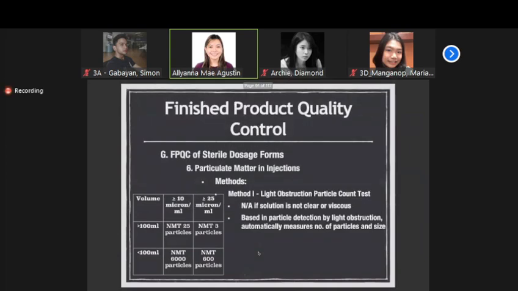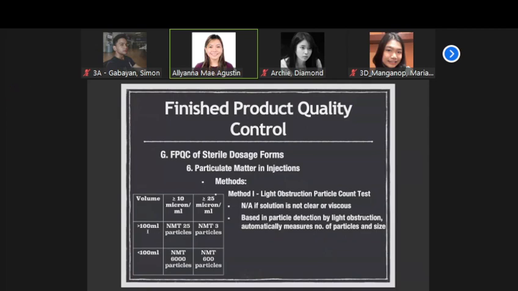Okay, so we have different methods. We have method 1, your light obstruction particle count. Basically, di ba, pag may particle, mabablock niya yung light. So the number of blockings ng light will tell you the number of particles present. So ito ang ating acceptance criteria.